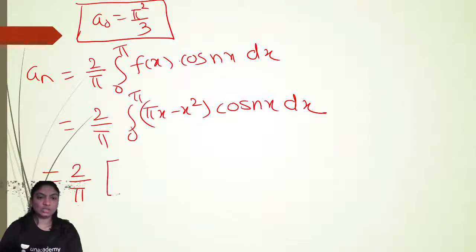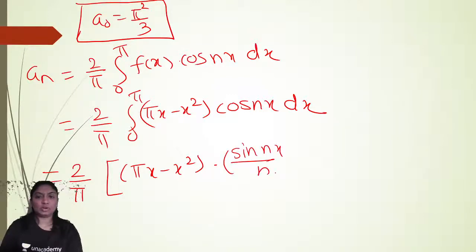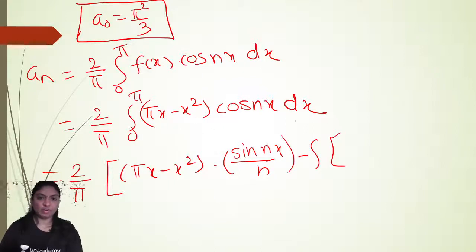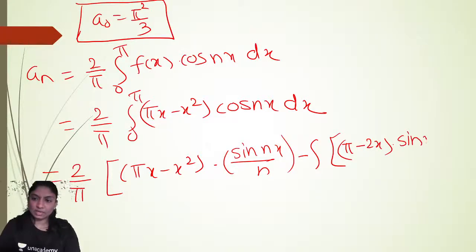Now the integral of this: retain the first into integral of second, sin nx upon n, right? Here is sin nx upon n, and minus integration of derivative of first. So pi minus 2x into integral of second, sin nx upon n dx, right?